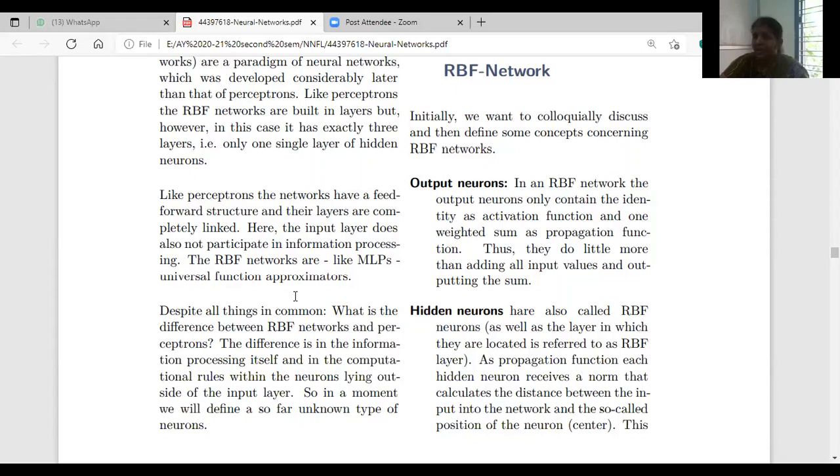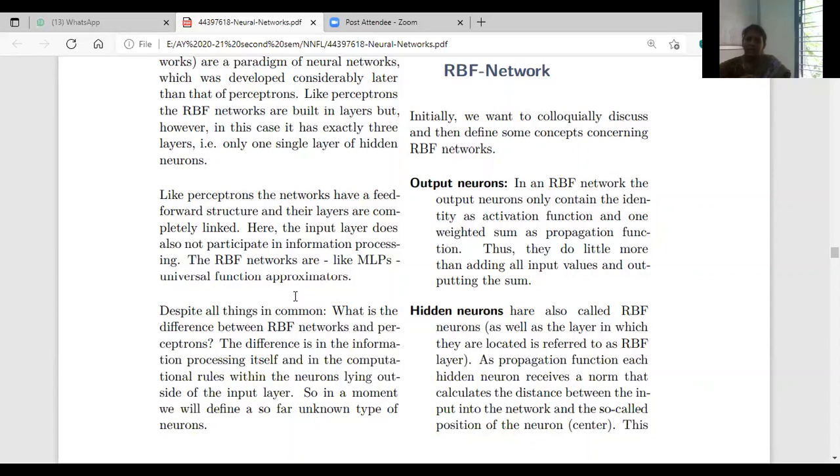So here we are not going for considering or adding up all the input values and outputting the sum. So the output response is simple. It need not take all the inputs, add them up and output the sum. That process is absent in your RBF network.